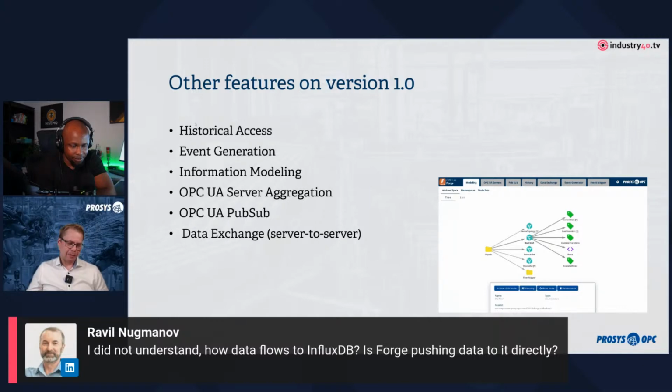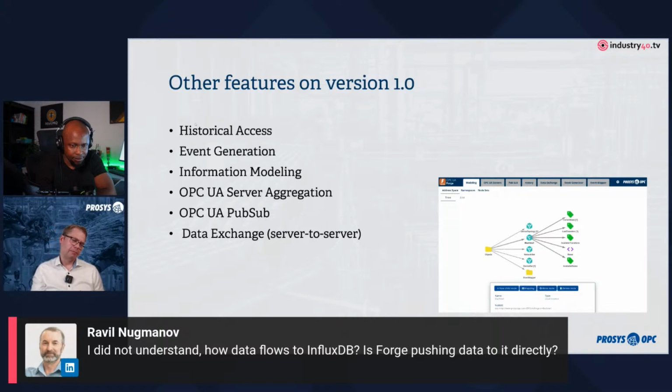And then for this historical access, we use a little bit of our proprietary format to store the data, so that we can then also read the data. So there is nothing that can be customized on this historical access feature.